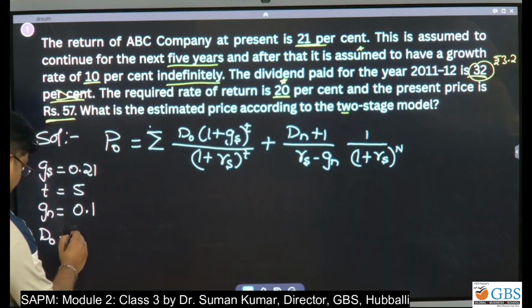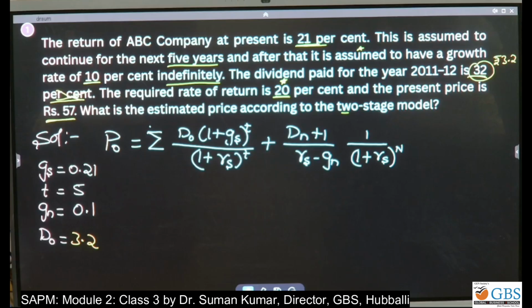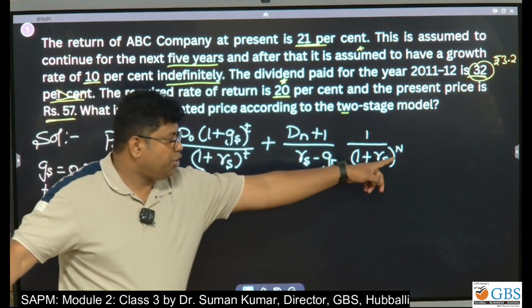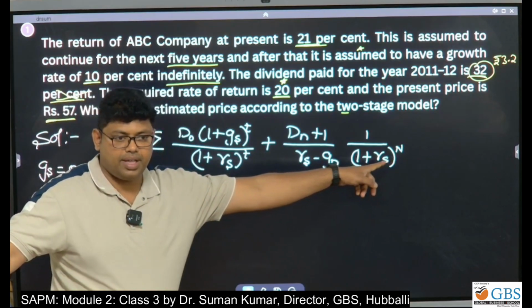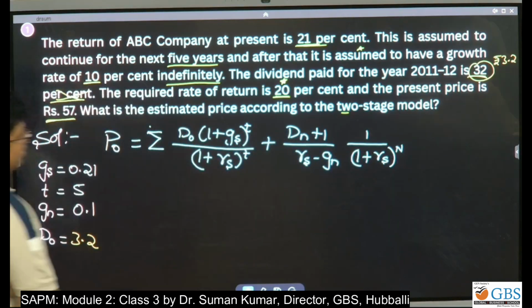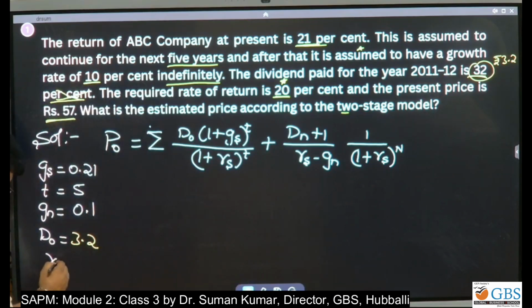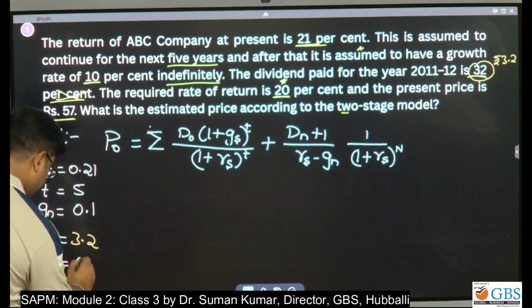Change this. Dividend is 3.2. I'll tell you how to use this. So first we'll go for this part. Required rate of return, R, is 20%, 0.2.